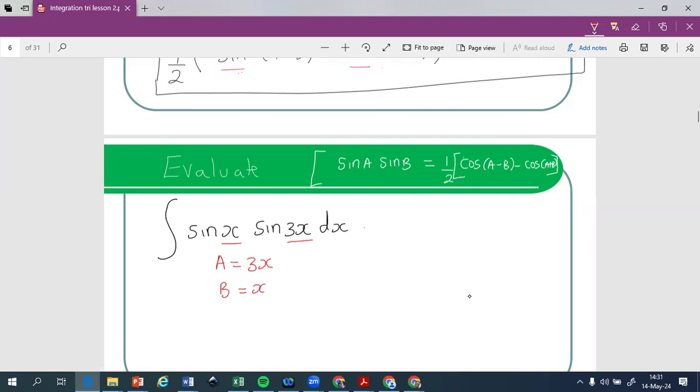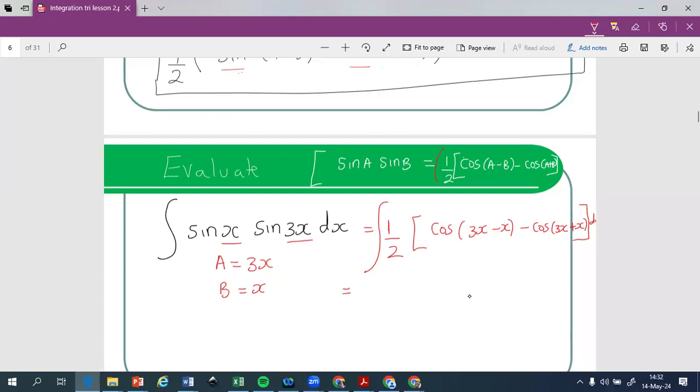Now what do I do next? I'm going to just substitute here. So this is going to be a half integral, a half into cos. Then what is my A? My A is 3x minus B, which is x, minus cos of 3x plus x. Then I'll have my dx.